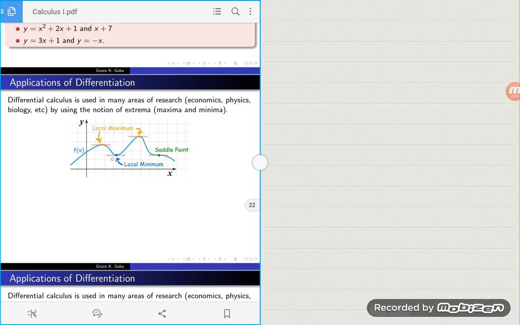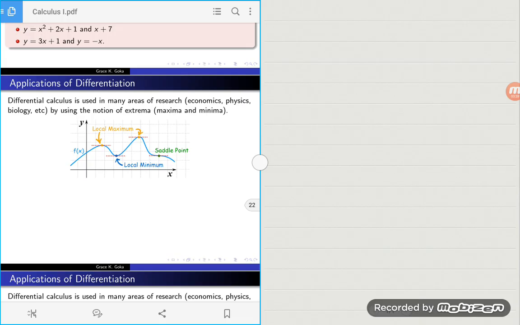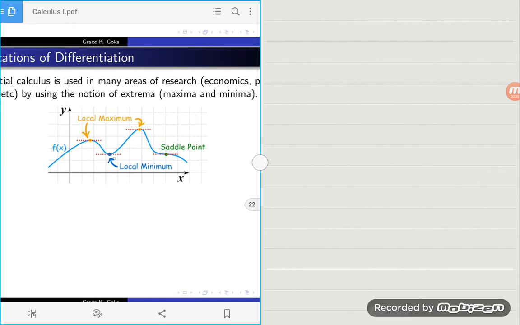If the second derivative at the local minimum is evaluated, it must be a positive number. And if the second derivative of the curve evaluated at the critical point is equal to 0, then that point is a saddle point or a point of inflection.